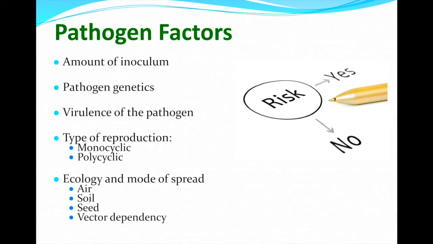So is it moving itself around in the air? Do air currents play a role? Is it found in the soil and moving through the soil? What about in water? We even have some fungal pathogens that can swim. Is it moving itself around in infected seed? And what about vectors? A vector is an organism that's capable of moving around a pathogen to a susceptible host.